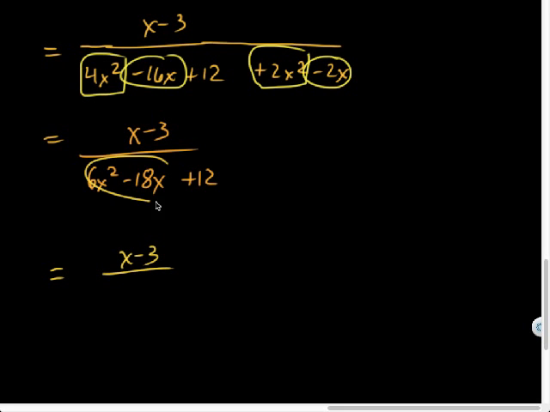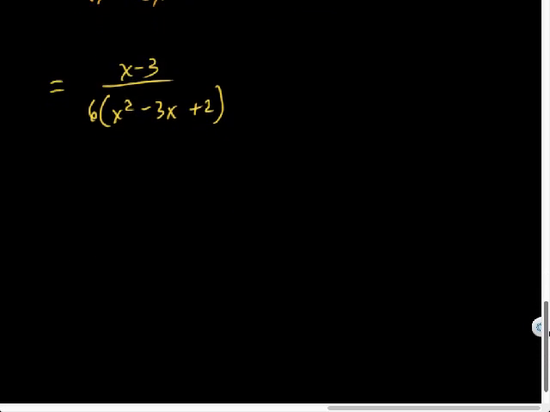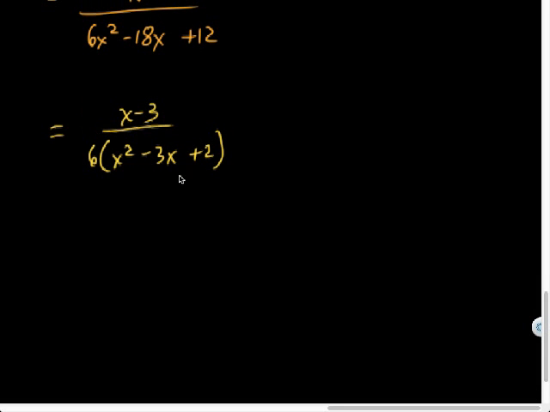How do you guys factor this? 6 out of it. I like it. So x squared minus 3x plus 2. Plus 2, that's even better, thank you. Okay, and can I factor this?